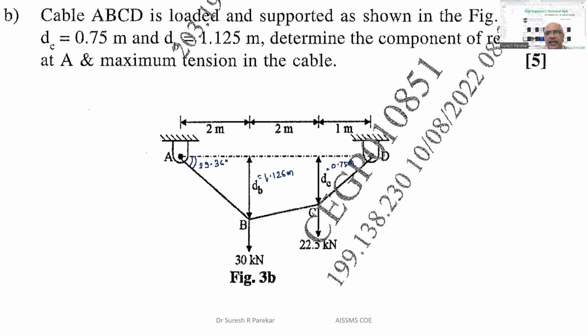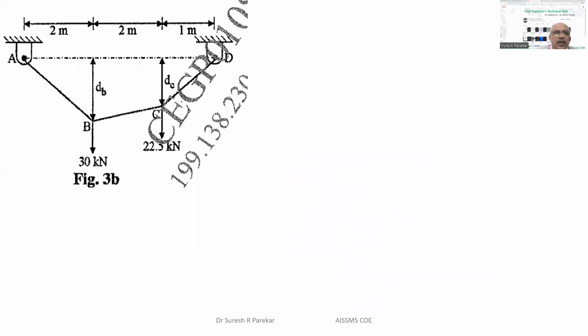And at C, we have this angle, which is 36.86. Now we will solve this. So we have this angle 29.36 and this angle 36.86.